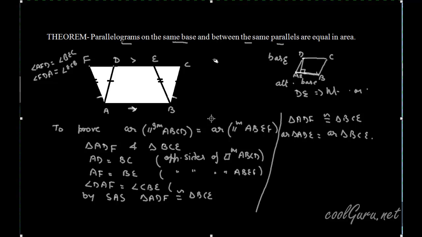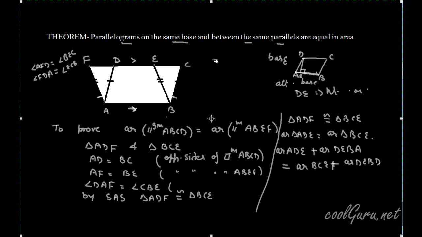Now what we do, we will add the area of this quadrilateral DEBA to both sides. So the right side is area BCE plus area DEBA.